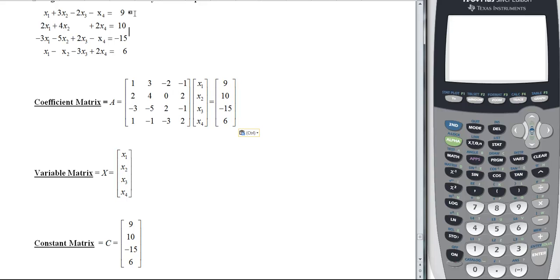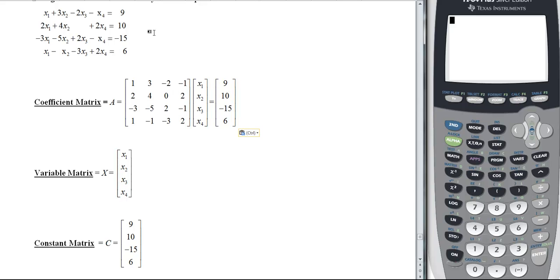If you'll notice, that's my first equation. If I do the second row, first column, that will give me the second row, first column element. So 2x sub 1 plus 4x sub 2 plus 0 plus 2x sub 4 equals 10. And we could find the other equations that way.